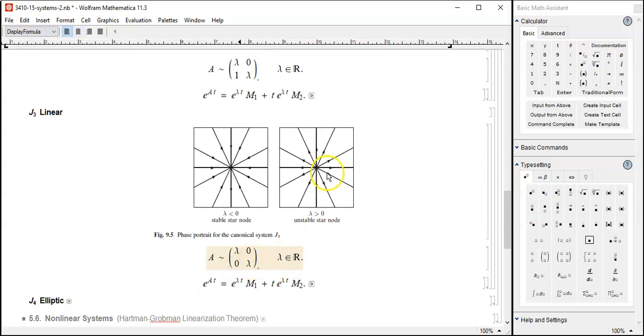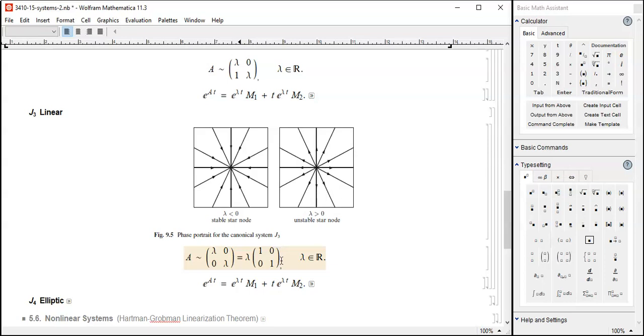And in the latter case we have a completely linear case, because you see, this is lambda, that is lambda, so it is lambda times the identity matrix. So basically the same shape, but expanded by lambda or contracted by lambda.